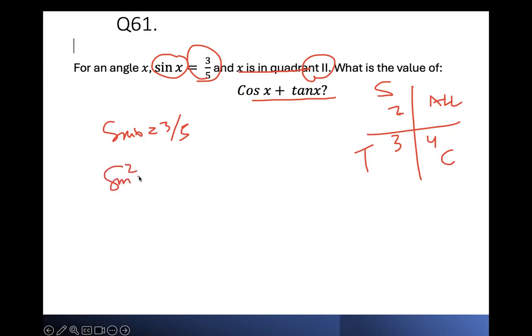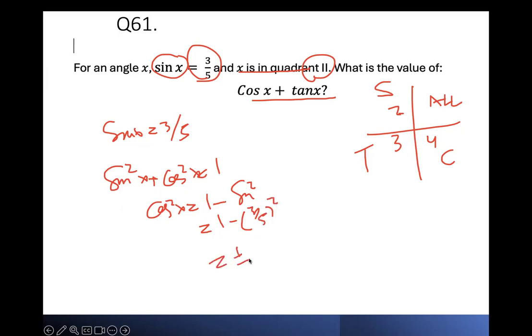Sine square of x plus cos square of x is always equal to 1. Therefore, cos square x is equal to 1 minus sine square x. If you put these answers there, 1 minus 3 over 5 squared, this is going to give you plus or minus what?